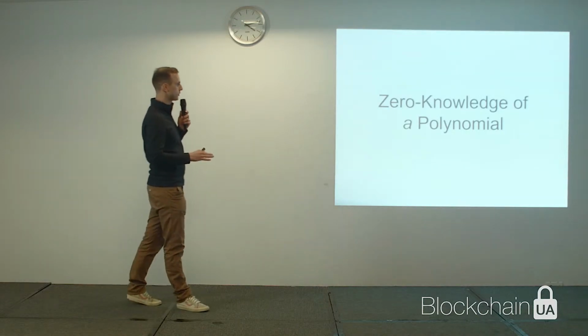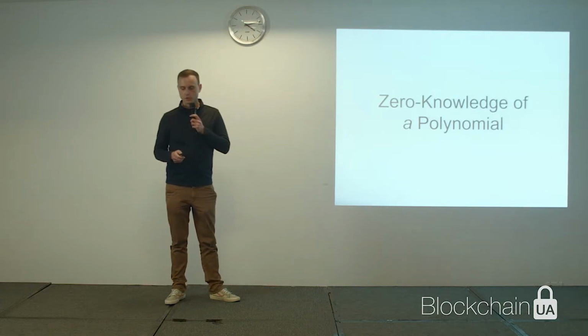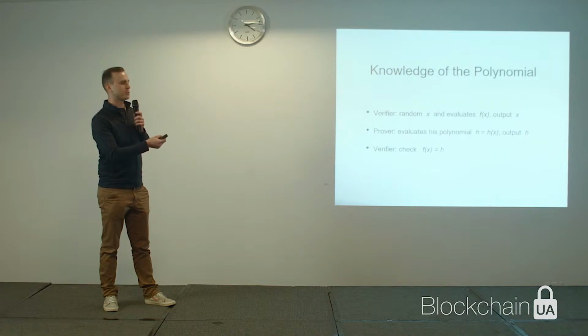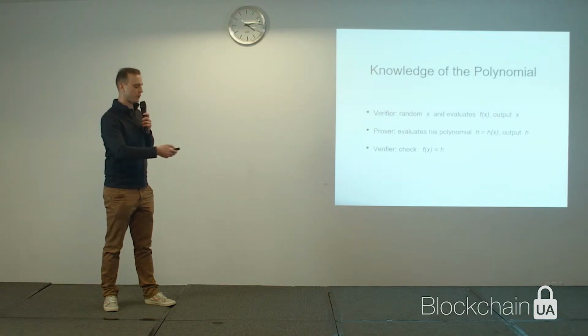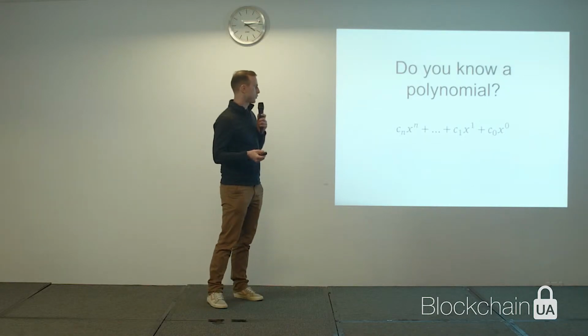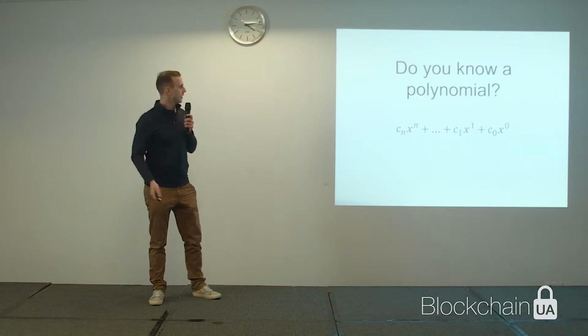But what if we want to prove some properties of a polynomial? In this case, we just share that we know this concrete polynomial, so we're revealing all the knowledge about it. So what do we do to prove some properties of it? First of all, what does it mean to know a polynomial?